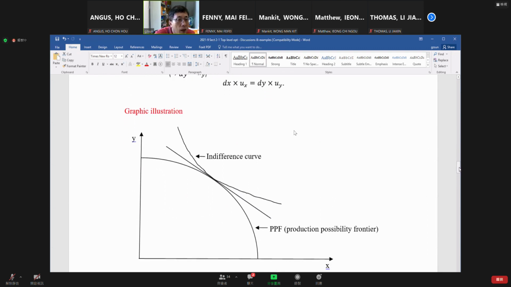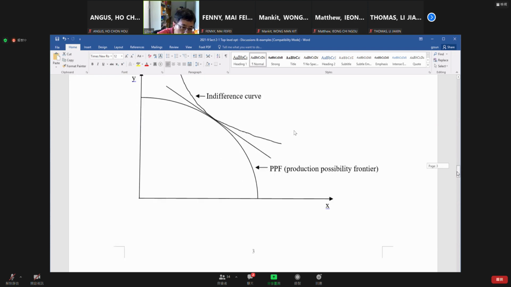Let's have a probably even better, even more intuitive, even smarter way of understanding the picture. Again, we are assuming all the people in Macau City are exactly the same. Clearly, that's not true. But for the moment, just for discussing, let's assume we are the same. And in the next page, we will relax this condition.